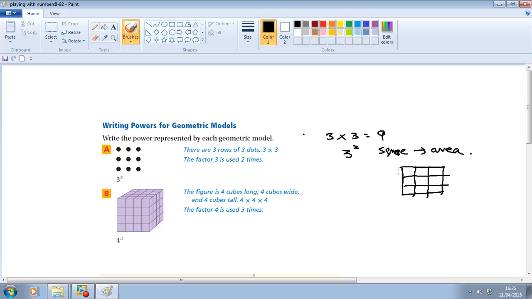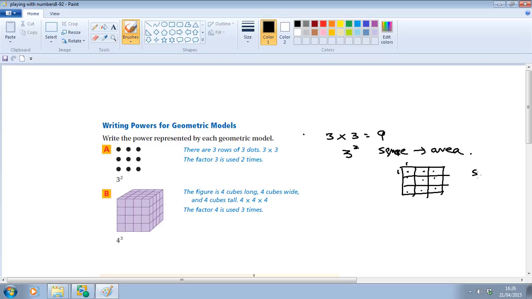We take the measurements everywhere as one, say 1 centimeter. So this is 1 centimeter, 1 square. This is 1 square. This is 1 square. So 3 squares this way, vertically 3. Here there are totally 9 squares.